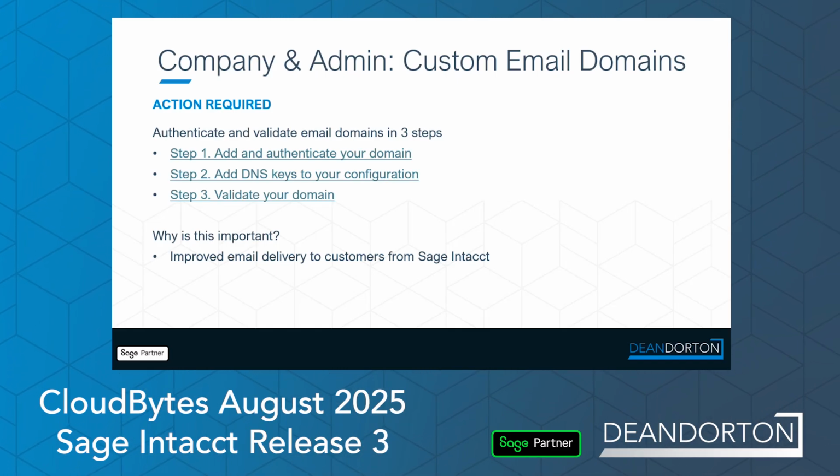You want to make sure that the things that you are sending to your customers, invoices, statements, whatever it may be, get to them. And one way to do that is to have it come from your email domain. So if you haven't taken a look at this yet, you might want to go ahead and take a look at it. And again, give us a call, talk to us about it. We'd be happy to help you get that custom email domain set up.